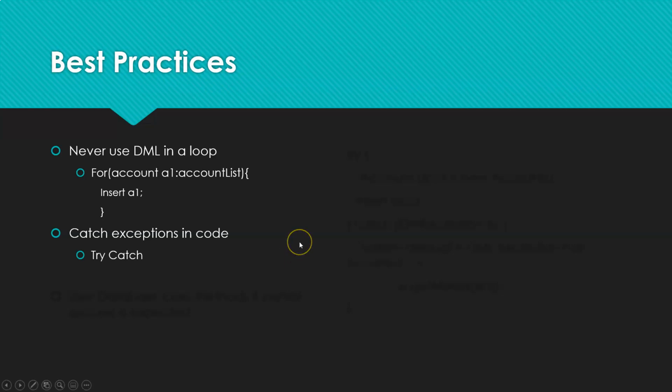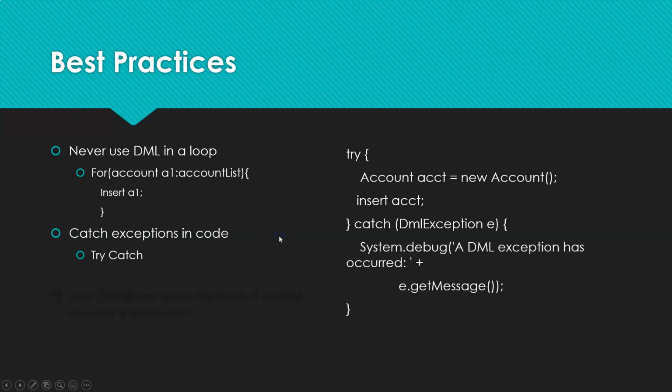So if you want the code to continue running despite a DML failing, and maybe you want to send that error as an email to an admin or present them with a better message or maybe something a little prettier, you're going to want to surround your DML statement with a try catch. So here's an example. I am trying and inserting an account, and then I'm catching an exception and debugging that exception. So this won't throw something ugly to the user.